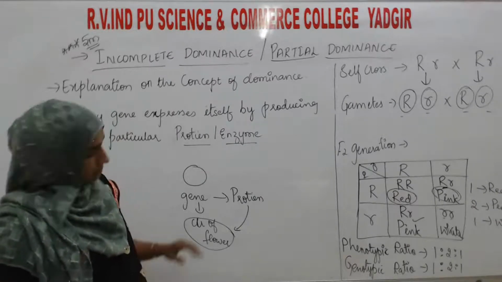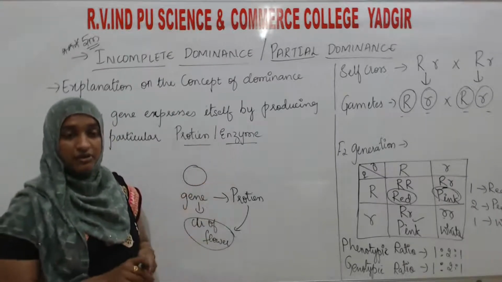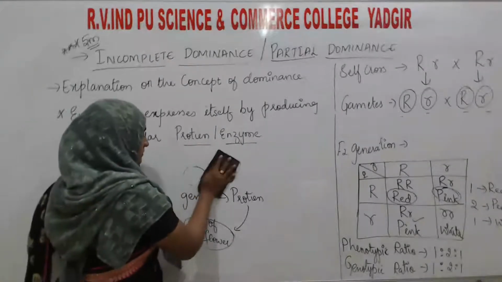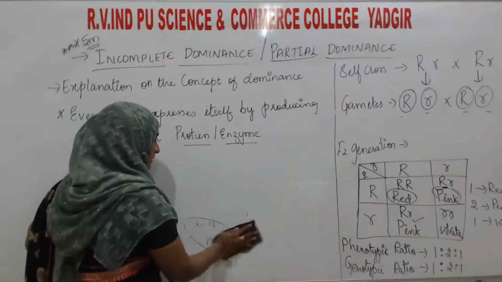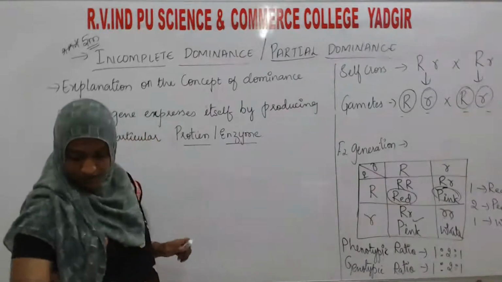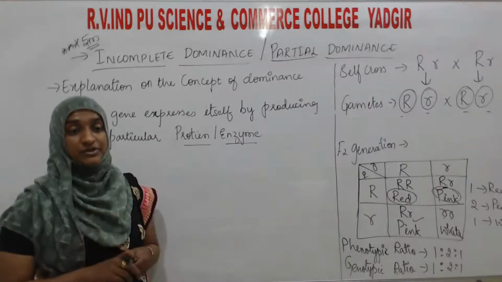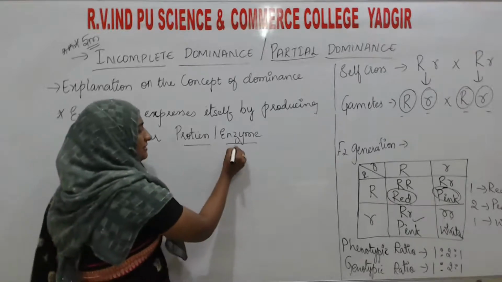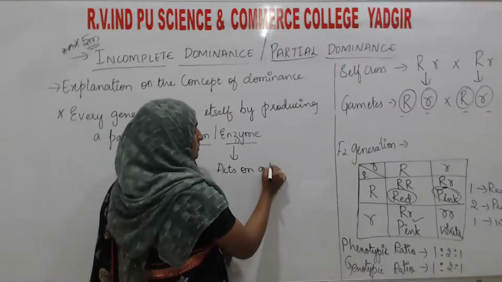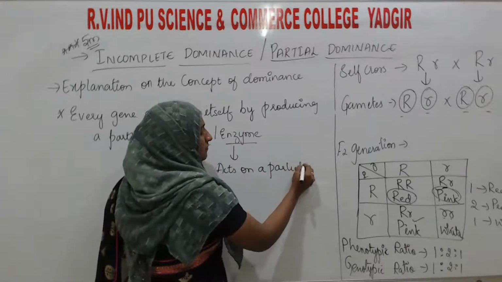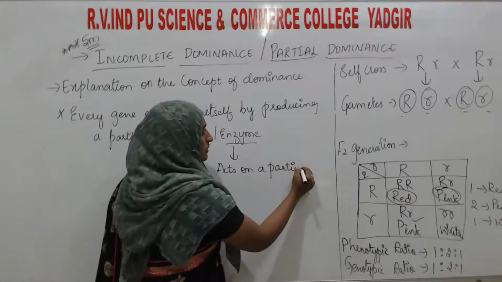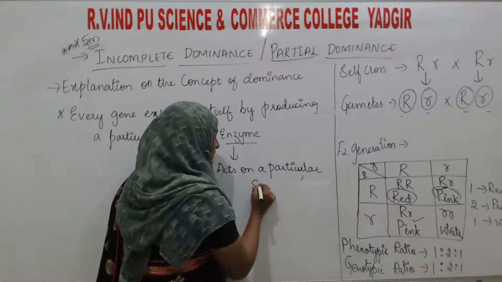So how does that particular protein or enzyme act in dominance? See here. That protein or enzyme acts on a particular substrate. The reaction takes place between enzyme and substrate.